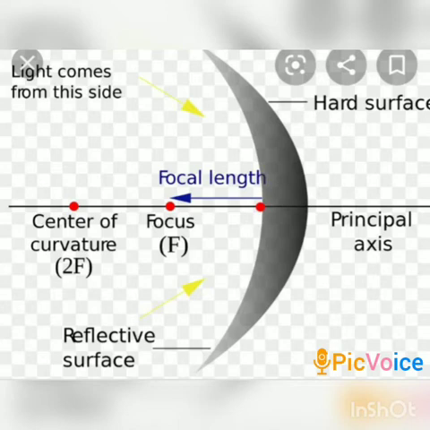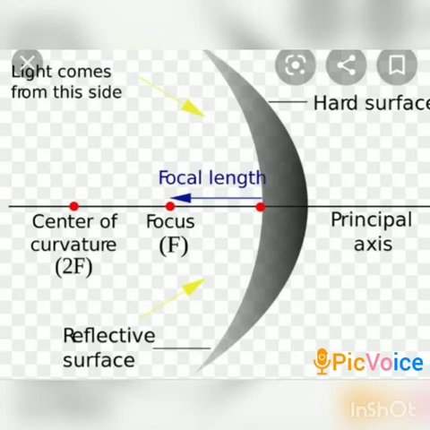The normal to a spherical mirror at any point on its surface is simply the line joining that point to the center of curvature of the mirror. In other words, it is just the radius of the sphere at that point on the mirror.